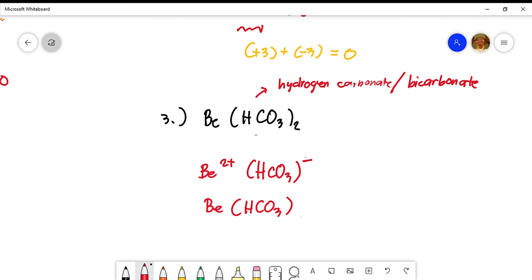So how do we name this? We name this as beryllium bicarbonate.